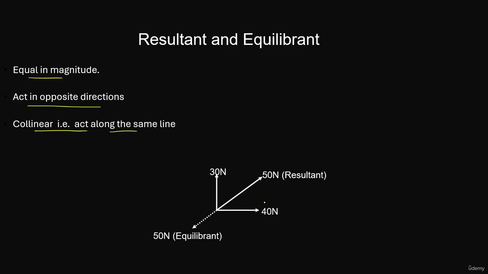Here, the resultant of 30 and 40 Newtons could be in the northeast direction, and the equilibrant will be opposite to that, in the southwest direction.